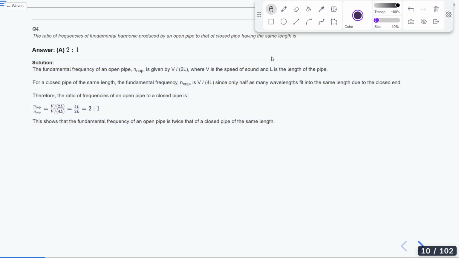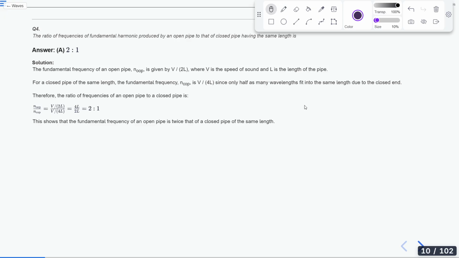So 2:1. Okay, so here is the solution. For the fundamental frequency of the open organ pipe, that is V by 2L, and for the closed organ pipe, that is V by 4L. Length is the same. So you can take the ratio. It would come out to be 2:1. Clear?